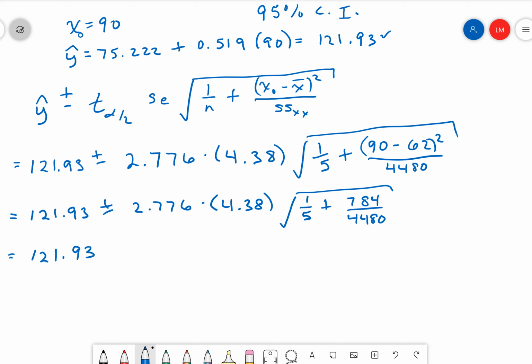That ends up being $121.93 plus or minus $7.446. So that ends up being, let's put dollars here, $114.48 to, and I'm rounding here, $129.38. So this is the confidence interval for a new response.